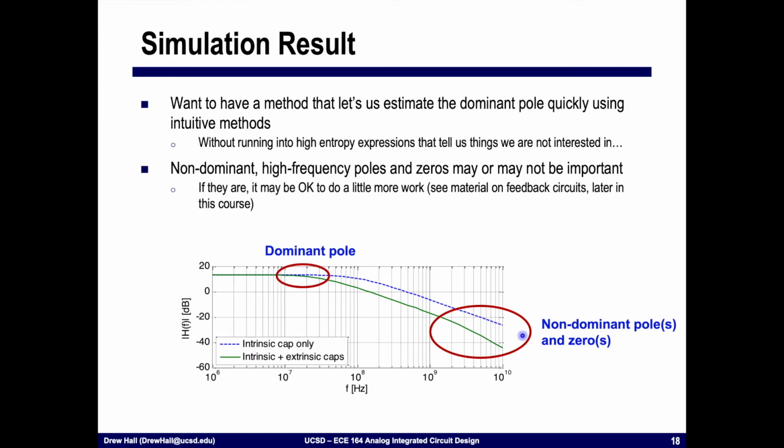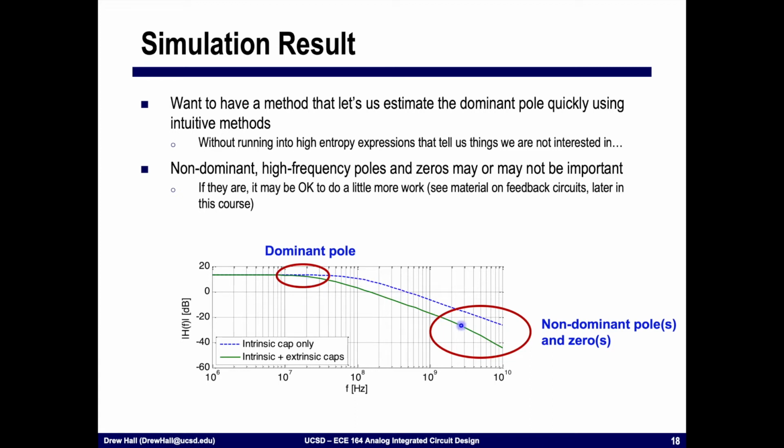On the other hand, when I plot the frequency response of the previous circuit that we just derived, which included those extrinsic capacitors, we see a couple of important things. One, before we get up to here, it's essentially exactly the same, although the bandwidth does look a little bit lower due to those extrinsic caps.